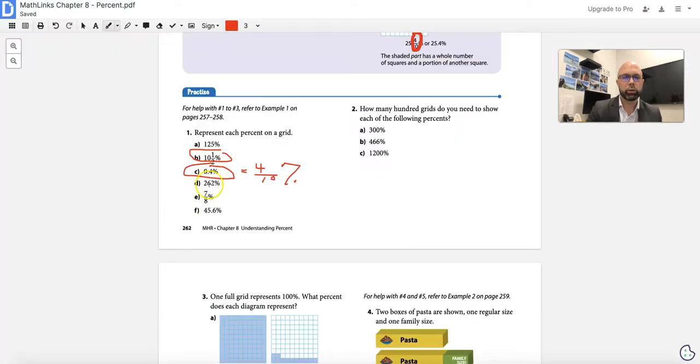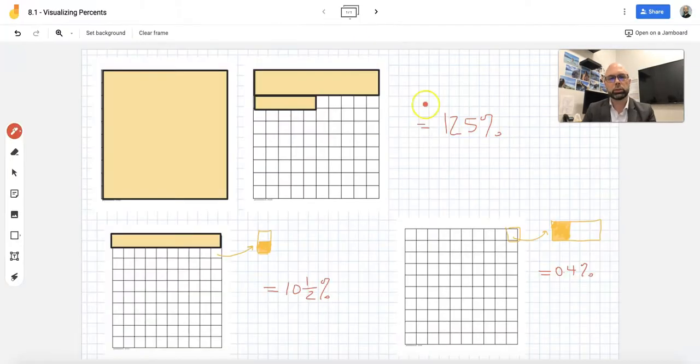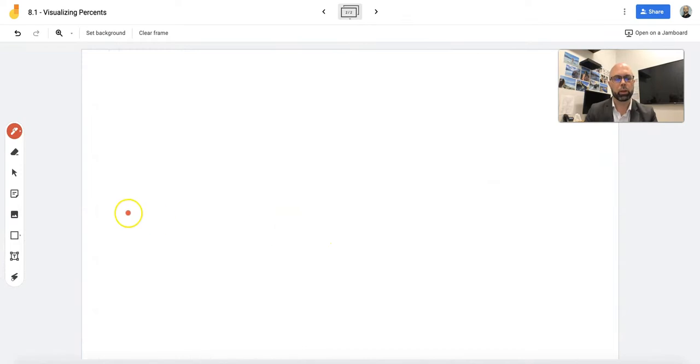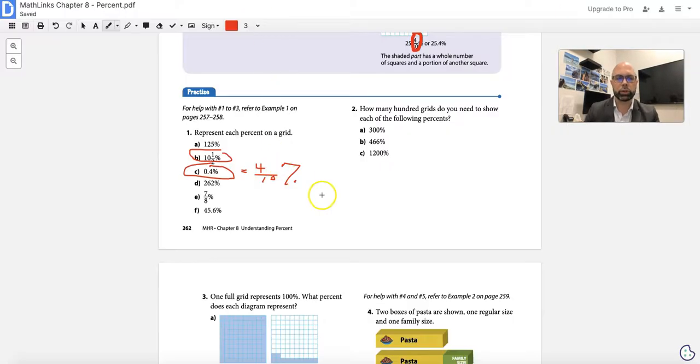Now I could keep going. Oh, 262% would be interesting. Yeah. 262. So how do I add another page? Don't seem to have many options here. Oh, here. There we go. So how many, this is a great question that's going to come up later.